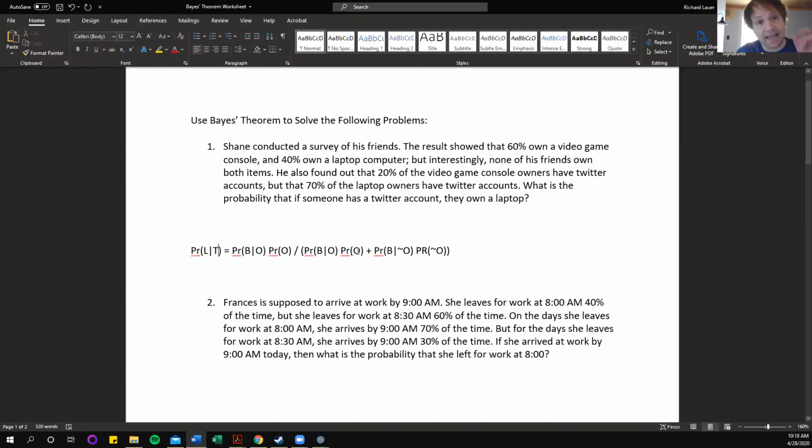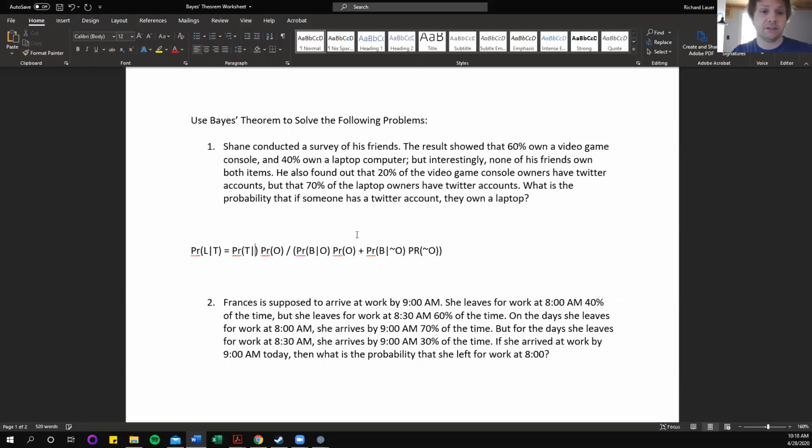I'm not going to run through the exact calculation, but I want to show you how you would plug in the variables here. So first things first, we have laptop owners and we have Twitter account owners, and we need to make sure that everything in our specification of Bayes' theorem works, right?